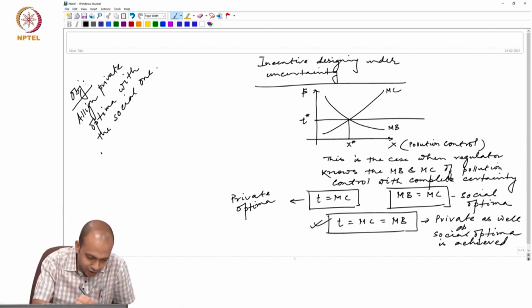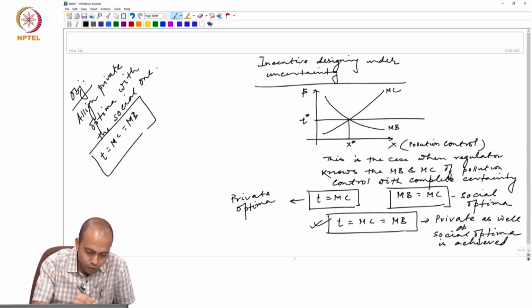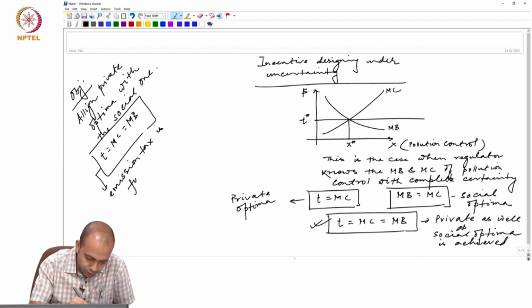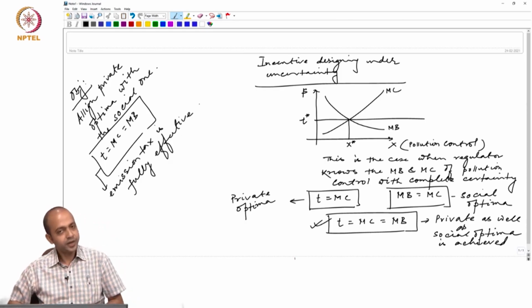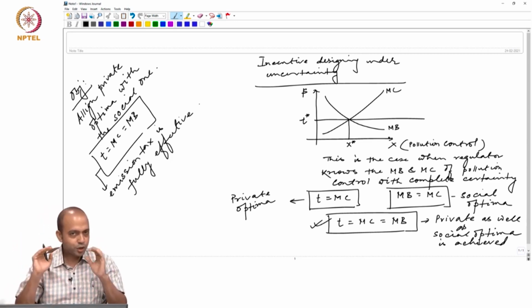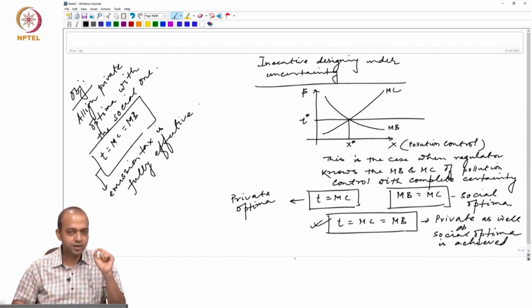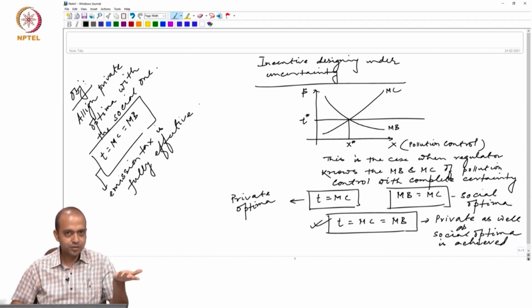Okay. So, when T equals MC equals MB, that means when this is achieved, we say that emission tax is fully effective. Emission tax is fully effective, because the effectiveness of an instrument is judged by its success.